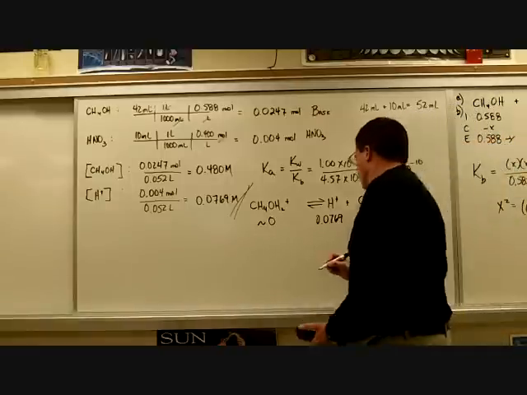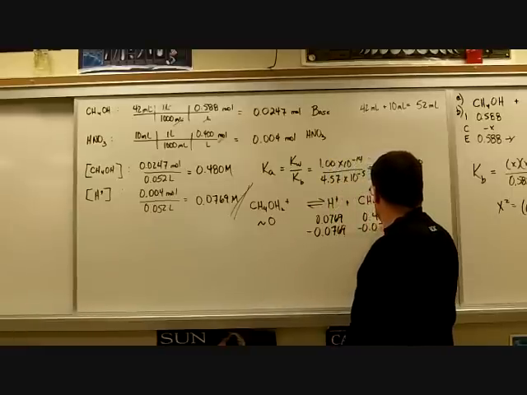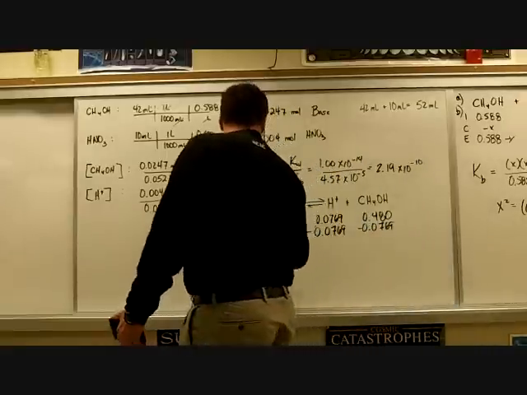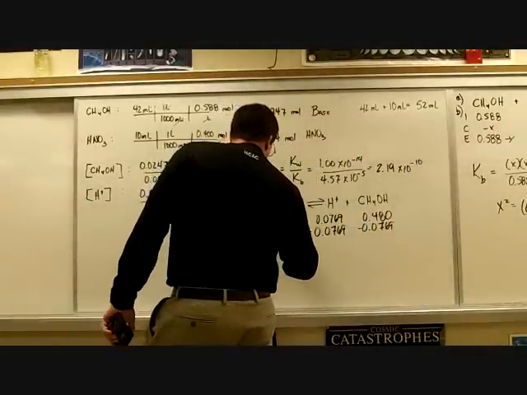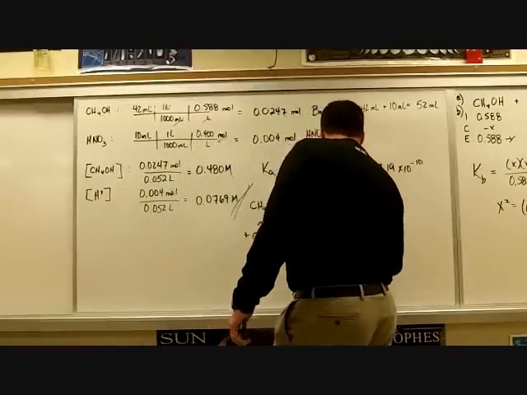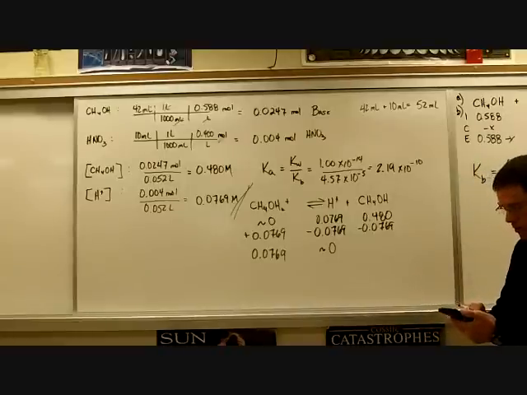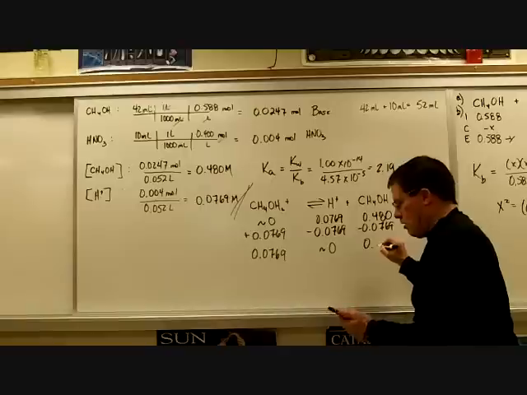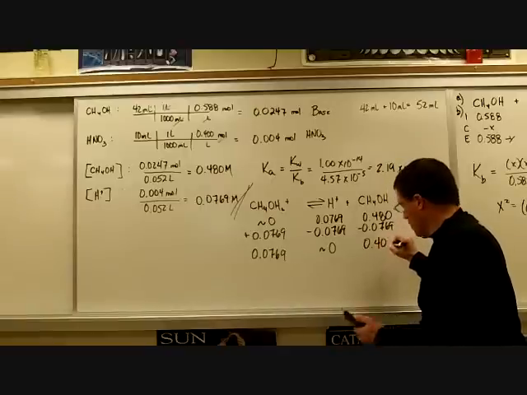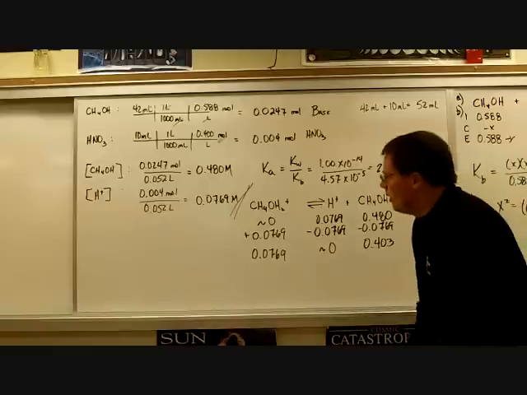So the hydrogen is our value for X. And then we'll add it to this side. This goes to 0. And then whatever 0.4 minus that is, right? 4.4031. Okay, so there's our concentrations.